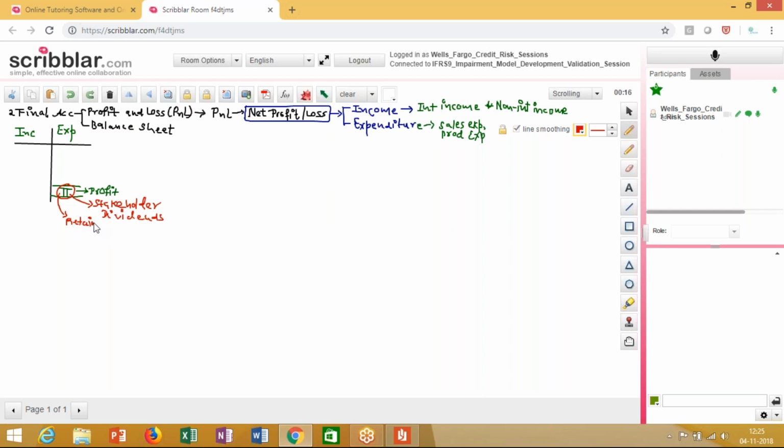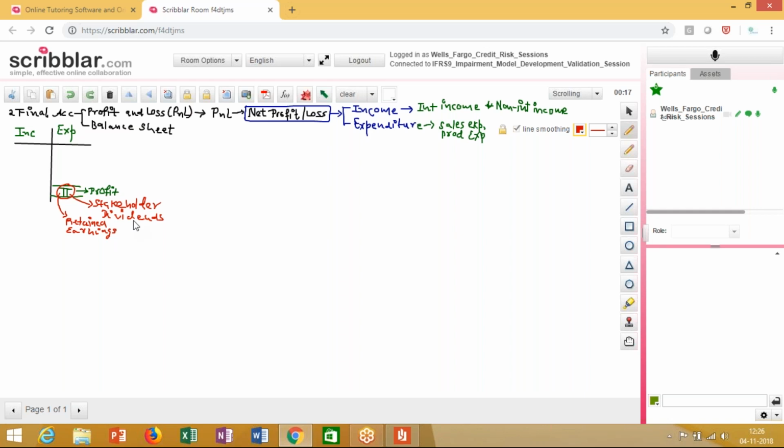So the next part is your retained earnings. Now, the bank is happy with both these two parts.